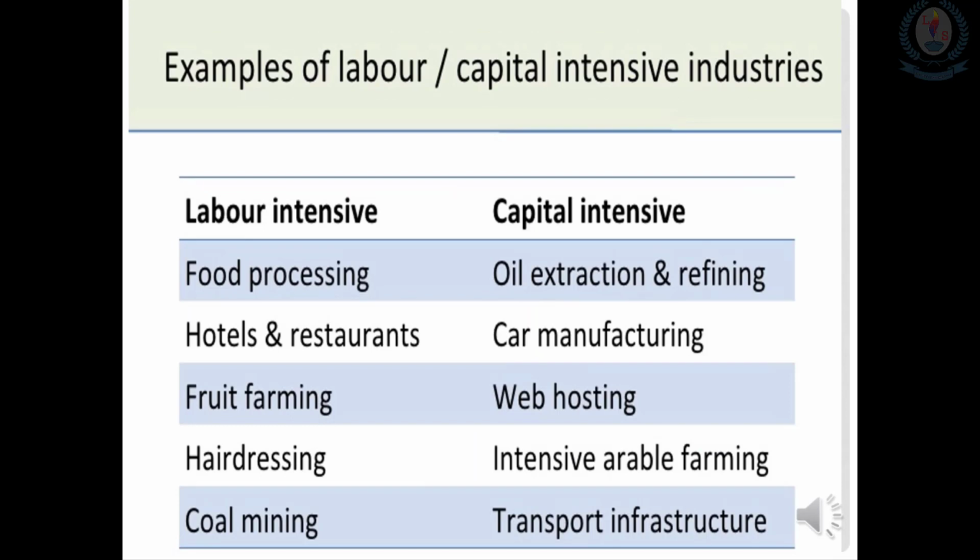Children, here are some examples of labor and capital intensive industries. Labor intensive examples are food processing, hotels and restaurants, fruit farming, hairdressing, and coal mining.